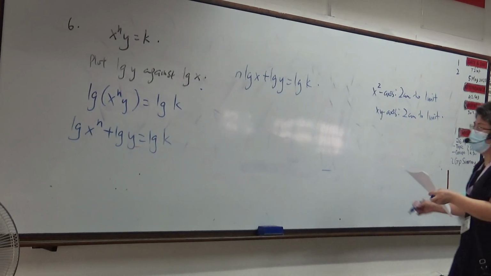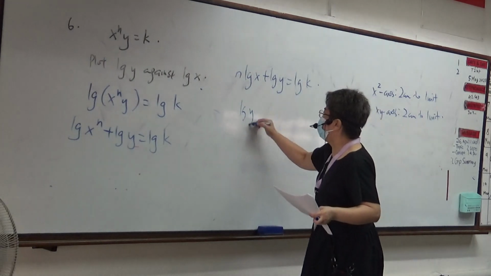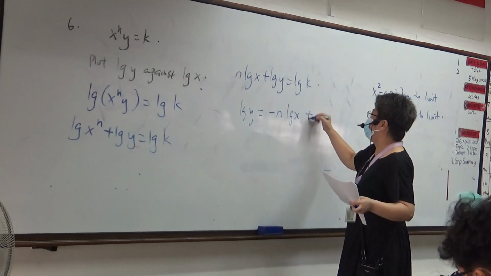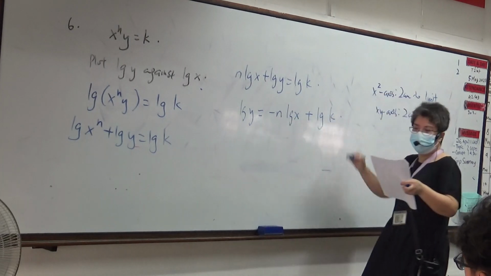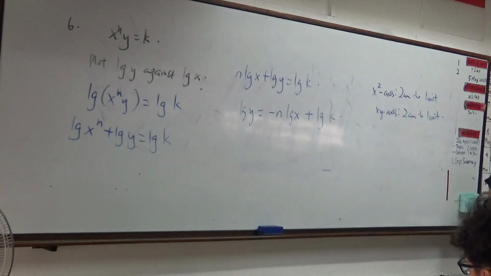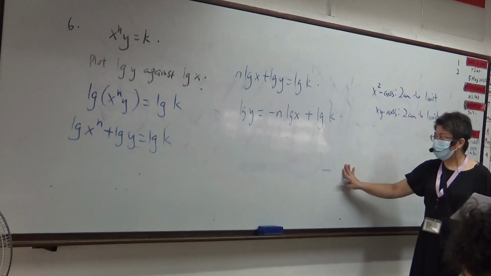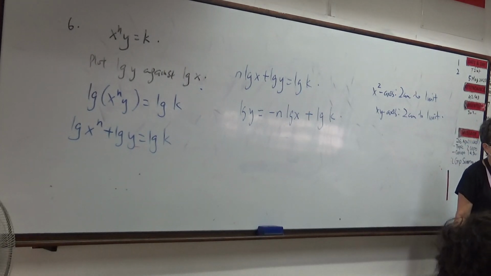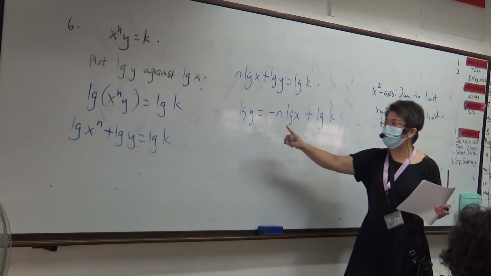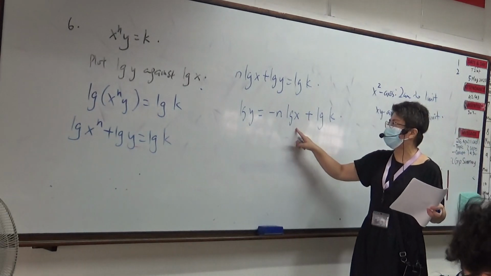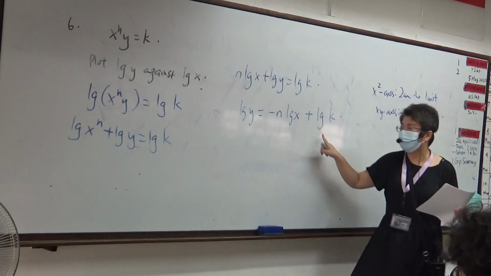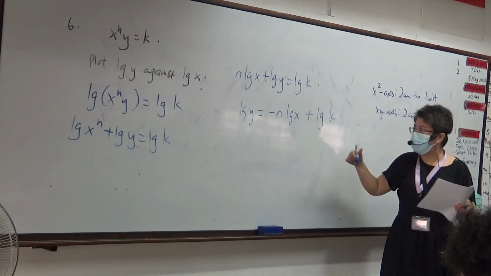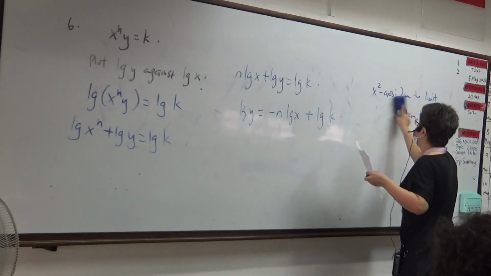So, if I keep log y here, it will become log y equals negative n log x plus log k, right? Correct? Everybody here? Now, can you see, this is my vertical axis, this is my horizontal axis, this is my n, this is my c, right?